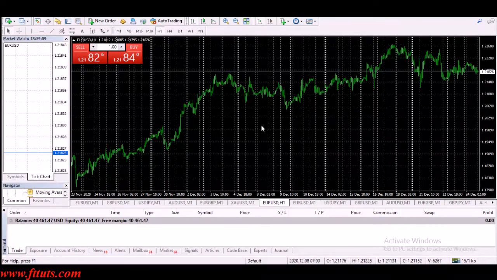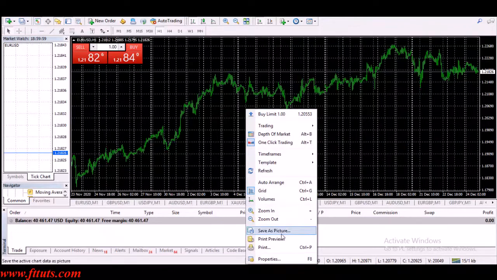But using it from your broker is also a good way. Obviously you will be opening an account with a broker if you want to trade, then you will receive your MT4 from this broker immediately. Okay, so no issues. This is your chart.